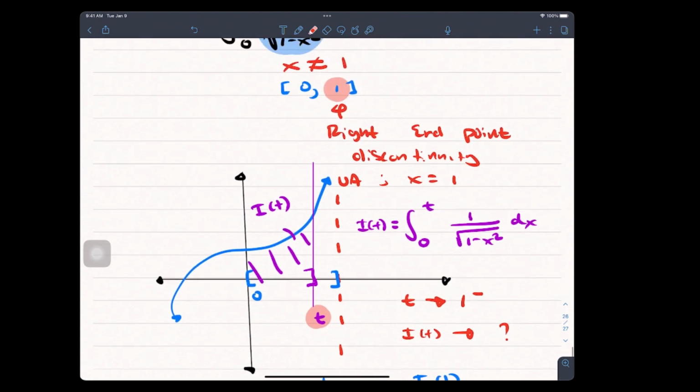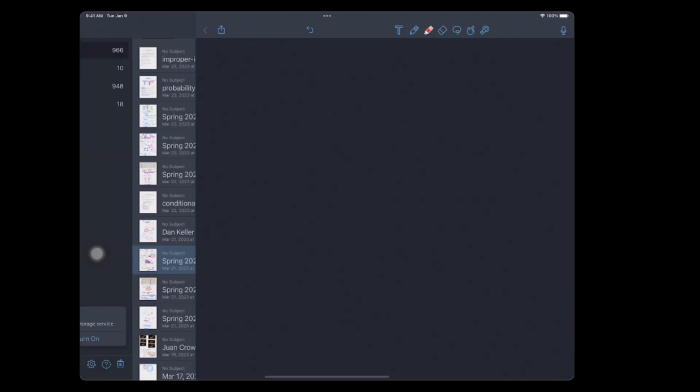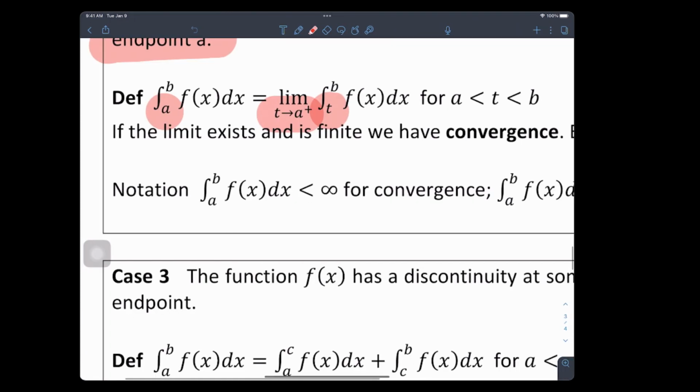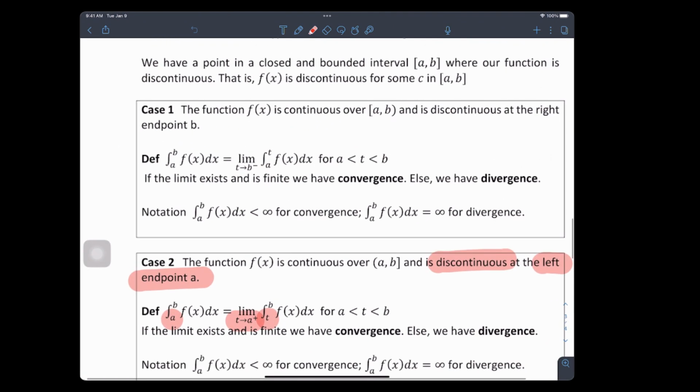Now, that's called a right endpoint discontinuity. If I go back to my handout, I actually started with the right endpoint discontinuity when I wrote it. It's discontinuous to the right here. There's the problem.